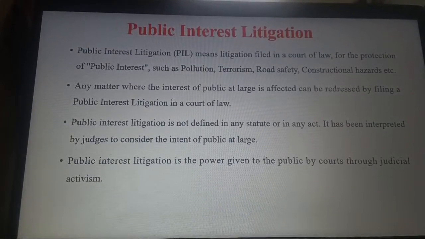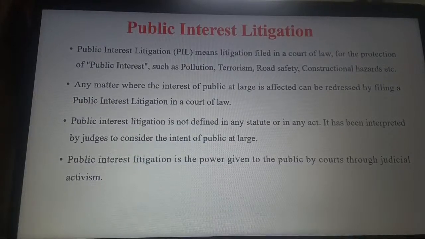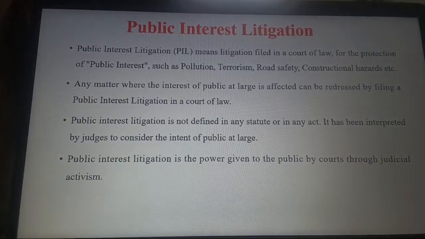Public interest litigation is not defined in any statute or in any act. It has been interpreted by judges to consider the intent of the public at large. Public interest litigation is the power given to the public by courts through judicial activism.